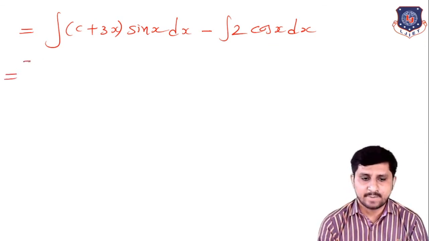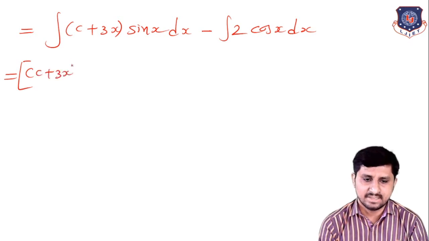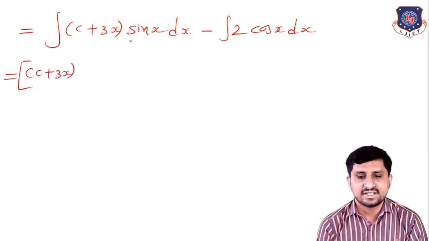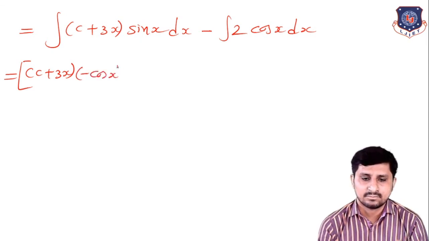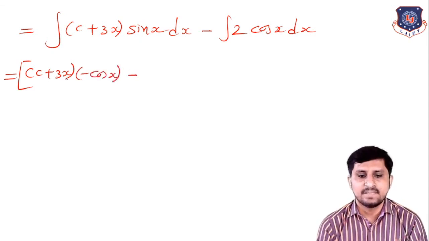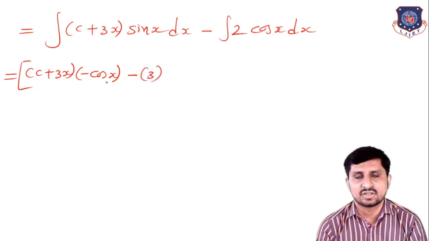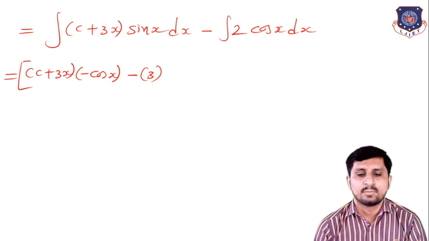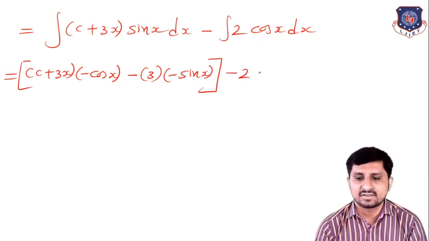Now integration by parts. First, for the first integration, c plus 3x as it is, integration of sin x, so that is minus cos x, minus differentiation of c plus 3x, so that is 3, integration of minus cos x. Okay, so that is minus sin x, and minus 2, integration of cos x, so that is sin x.